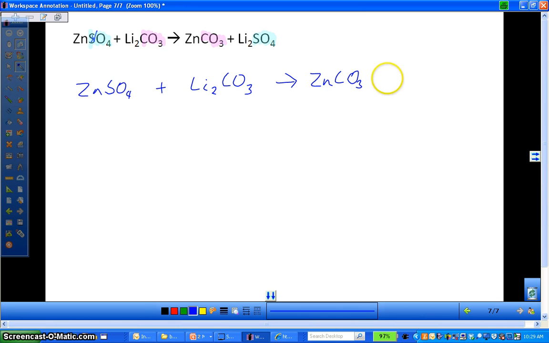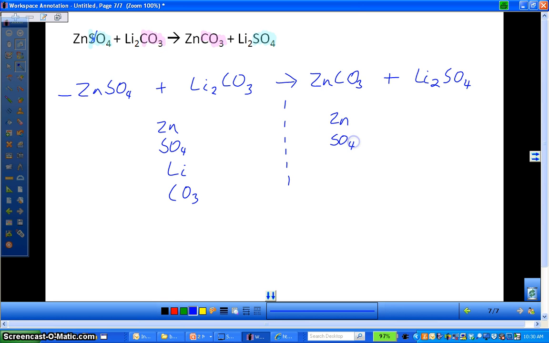I just did it and it wasn't balancing, and I eventually noticed that I left this 2, Li2, out, and so it wouldn't balance because it was wrong. So just make sure we've got ZnSO4, Li2CO3, ZnCO3, Li2SO4. It's very frustrating otherwise, and it happens very easily. So just check your work.